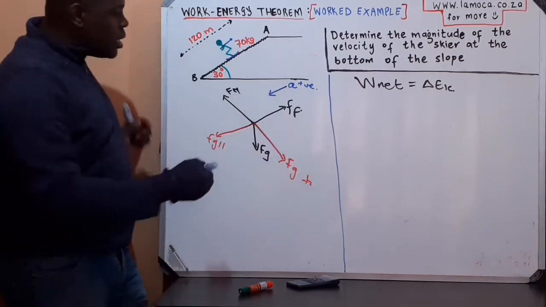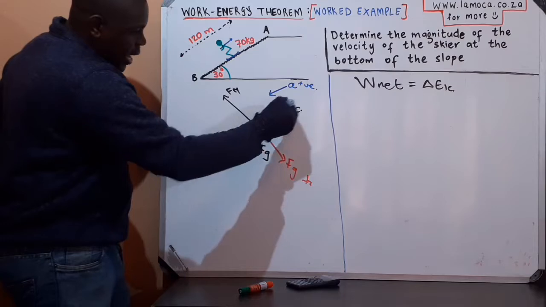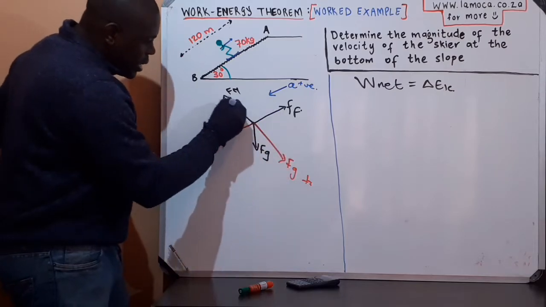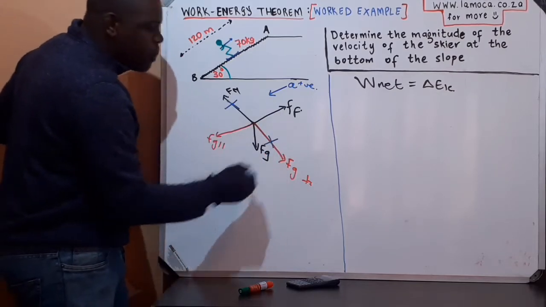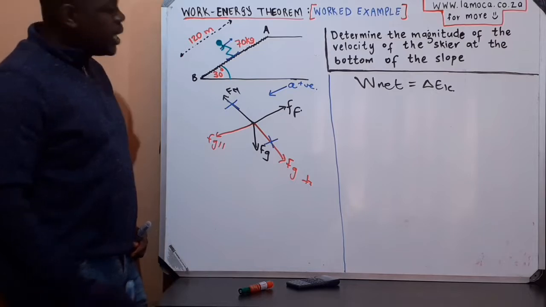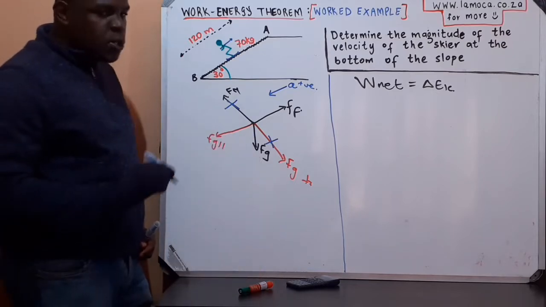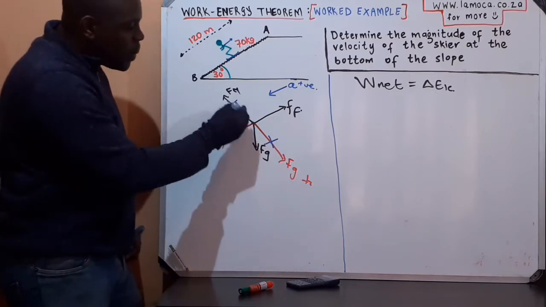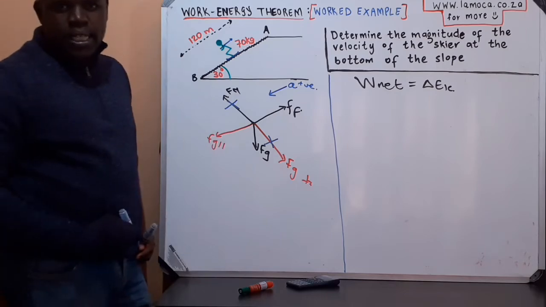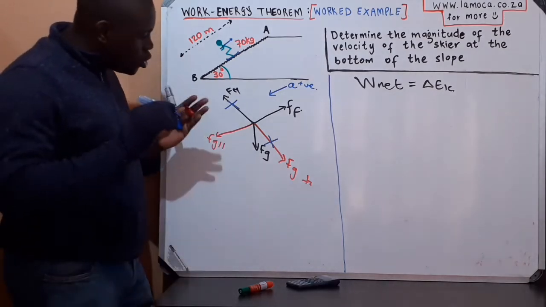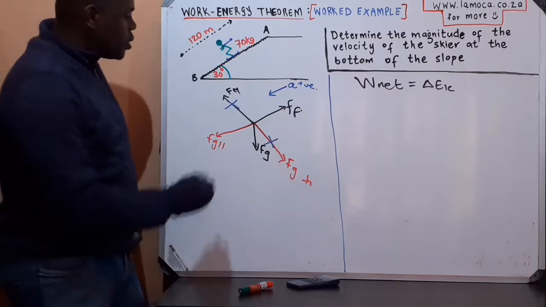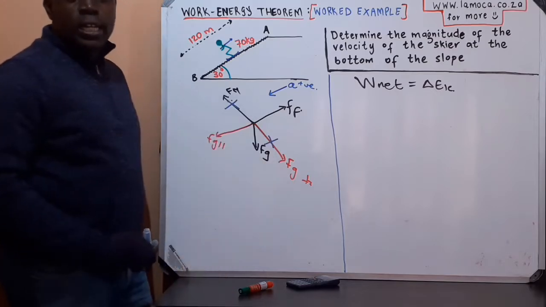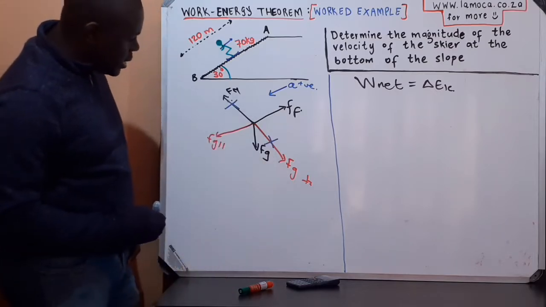Now, as it moves down the slope, this line is my interest. This force and that force are perpendicular to the displacement of the object. We already established that forces that are perpendicular to the displacement of the object don't do work on that particular object. So we can already cut them out because they're not doing work on the system.